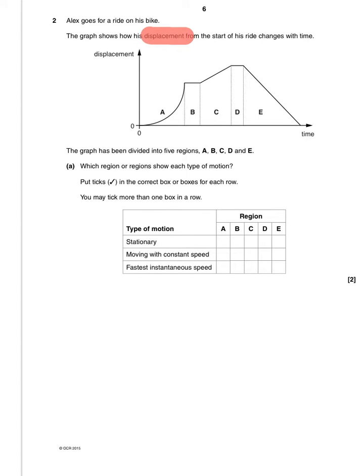What I'd probably do with this before I even started looking at the question is just quickly annotate it. So in this one, we're accelerating forwards, and you can tell they're accelerating because the gradient of this line increases.